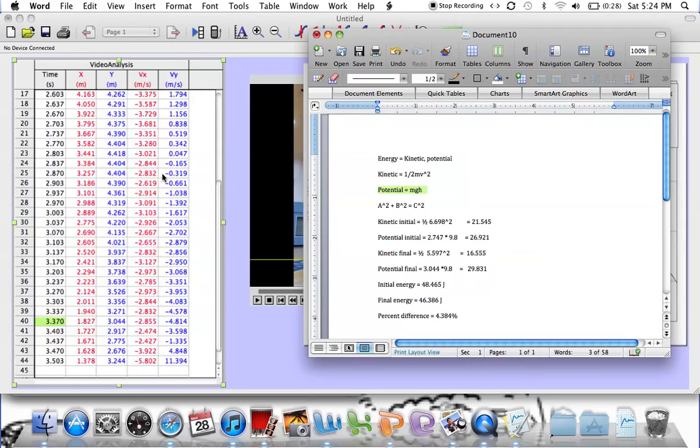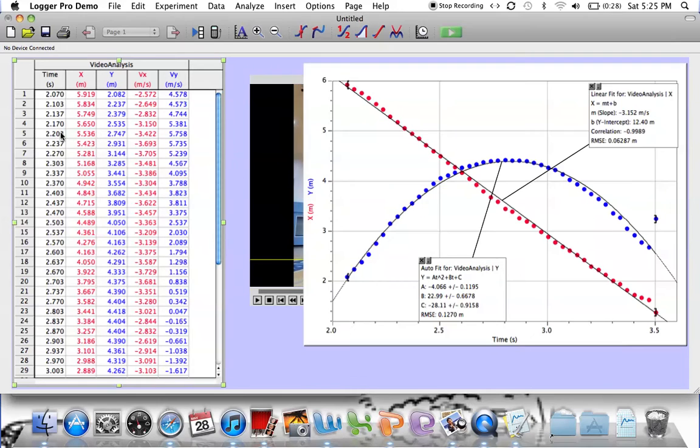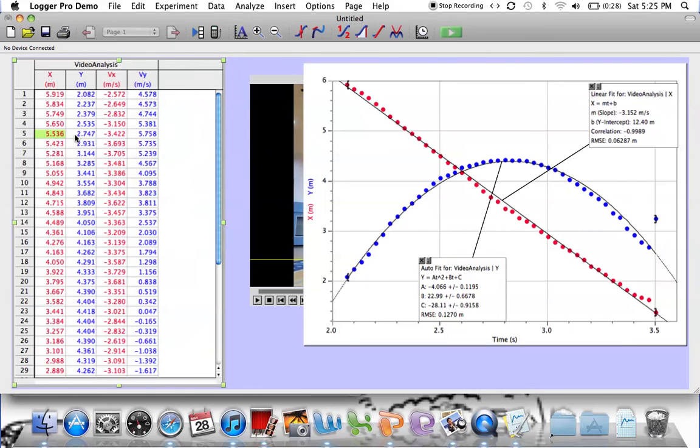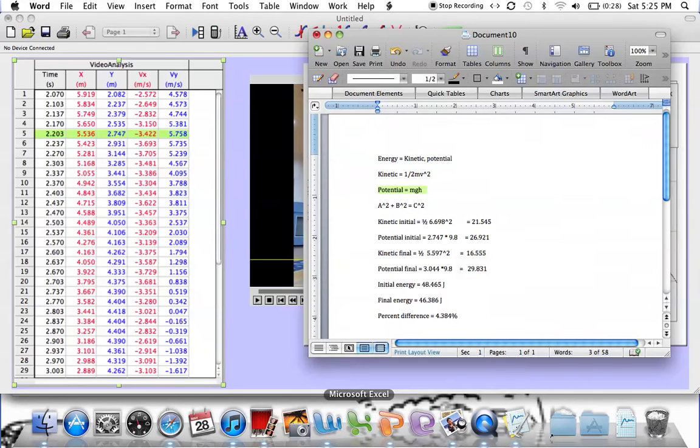So in our data table, we're first going to look at the initial kinetic energy at time 2.203. So that is here. Let's go ahead and highlight it. All right. Now, we are given a y velocity and an x velocity, but we don't want them in components.